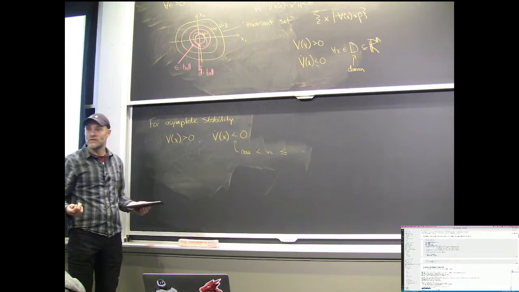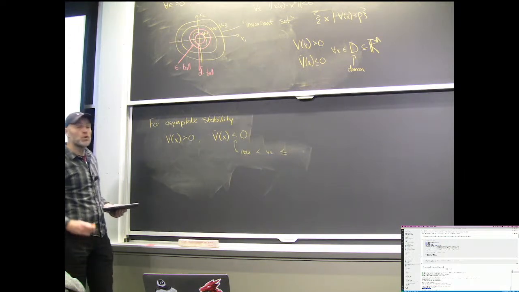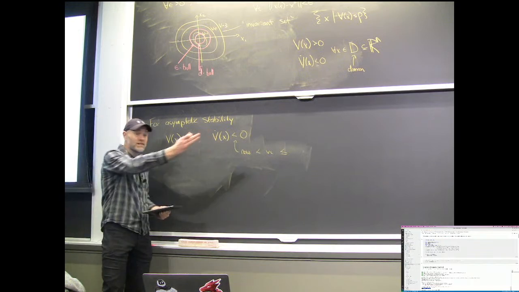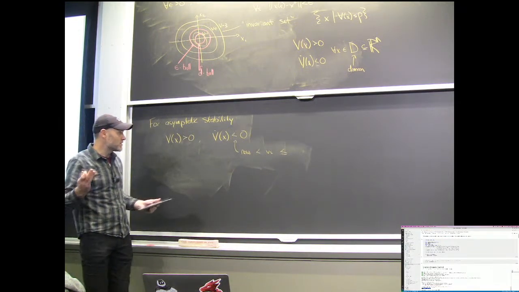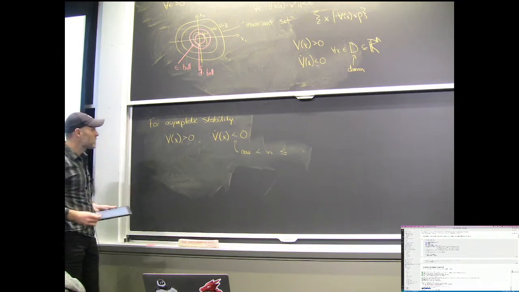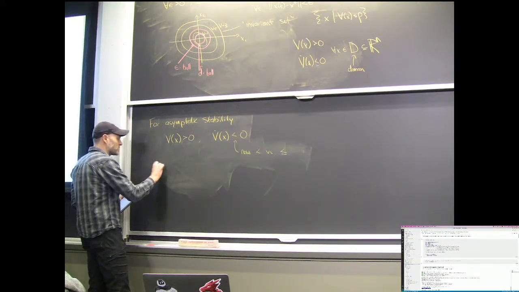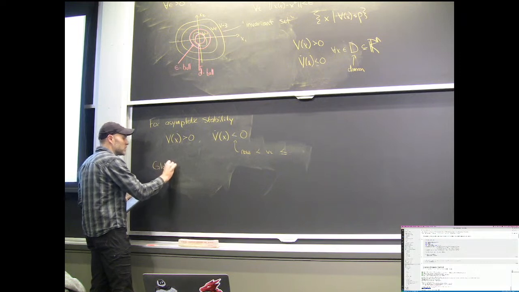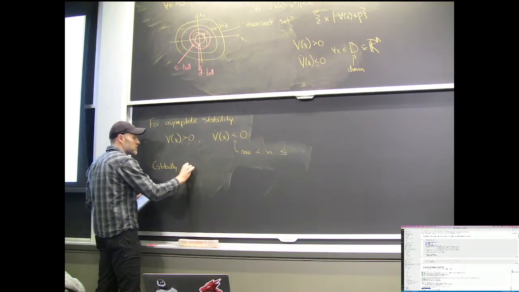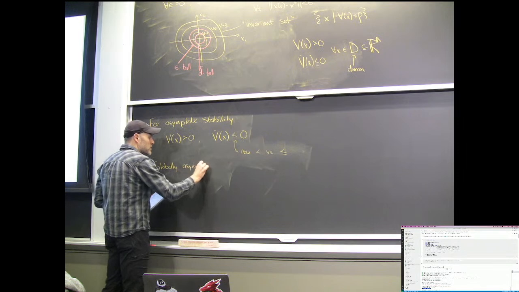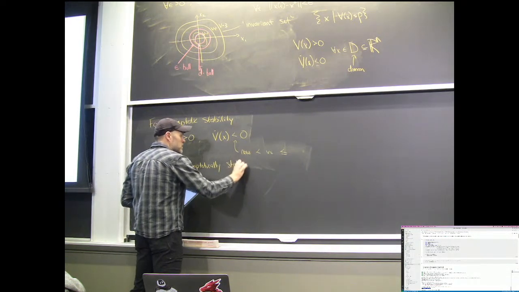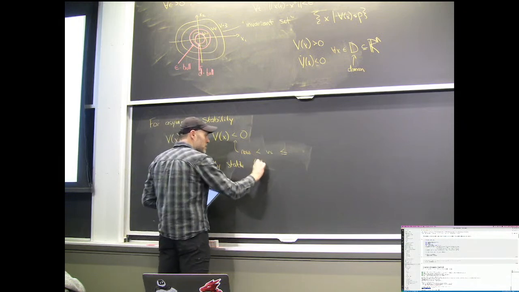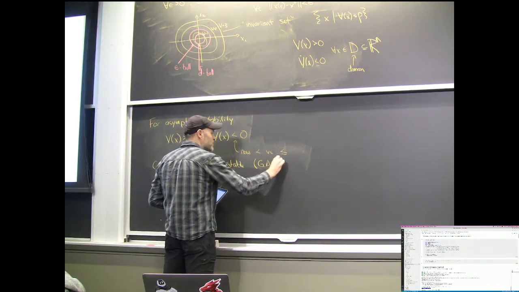There's something that you will see in papers: if this holds for all states in R^n, if it's for all x, then you can be globally asymptotically stable, which you'll often see written as GAS.